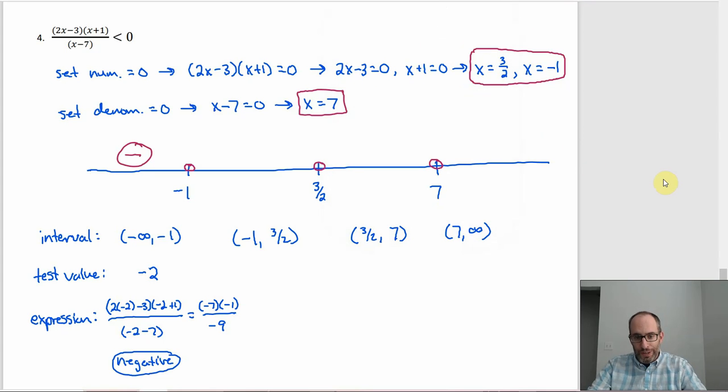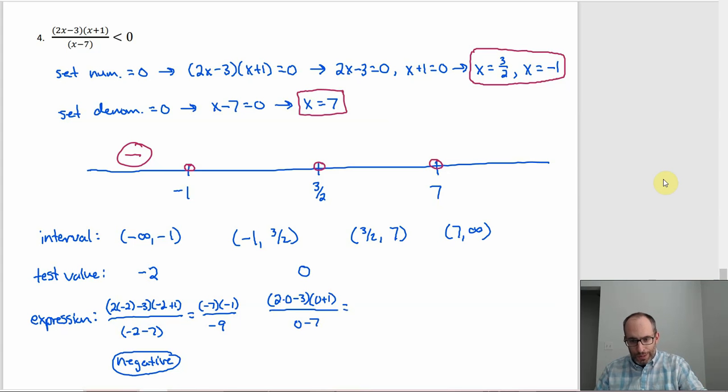Then the second interval, I would pick a test value of 0. So then you'd have 2 times 0 minus 3 times 0 plus 1 over 0 minus 7.